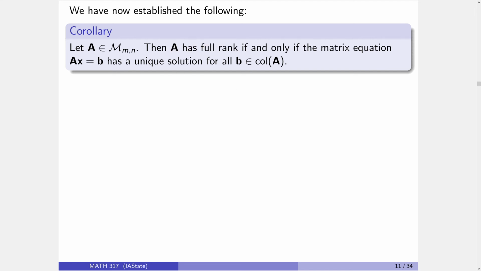So unique solutions to Ax equals b can only happen if the rank of our matrix is full. So the rank is equal to the number of columns. Beautiful. There we go. So that gives us a nice full-out answer on when Ax equals b can be solved uniquely. Alright, well again, it can only be solved if b is in the column space, and now the uniqueness can only happen if the rank is full.